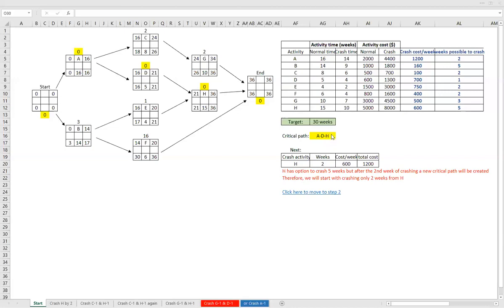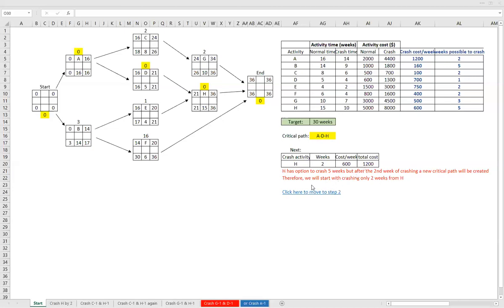But if you crash 2 units, you'll see that ADH is not the only critical path. So that's why we stop this step number 1. We will crash activity H by 2 weeks. It costs us $600 per week, so overall $1,200.